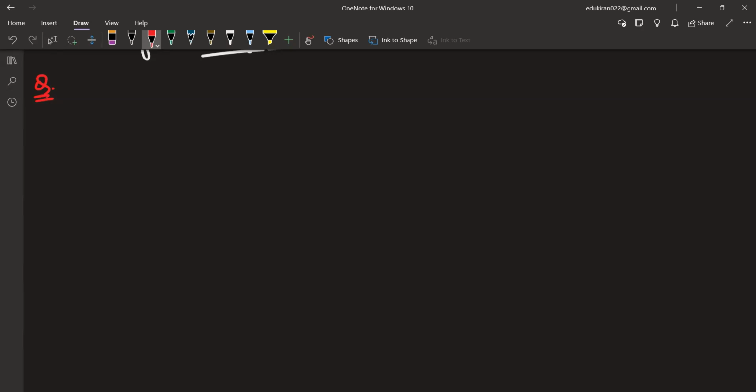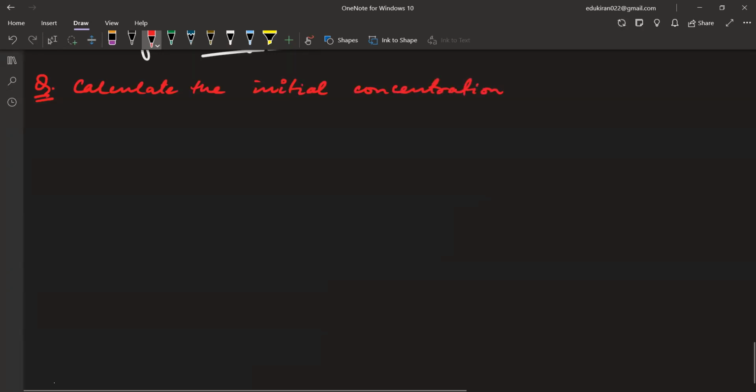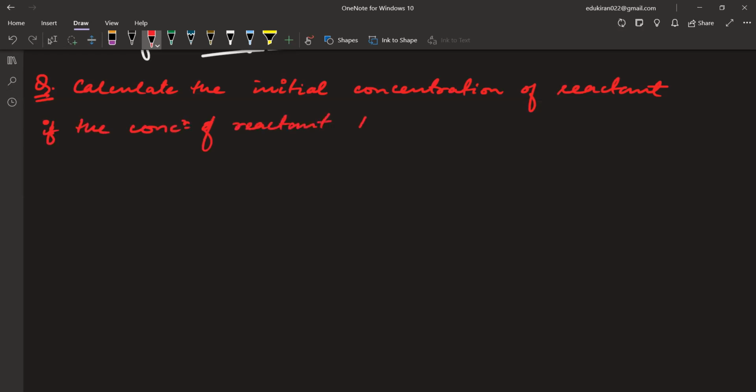They're asking: calculate the initial concentration of reactant if the concentration of reactant becomes 0.075 moles per liter after 10 seconds.